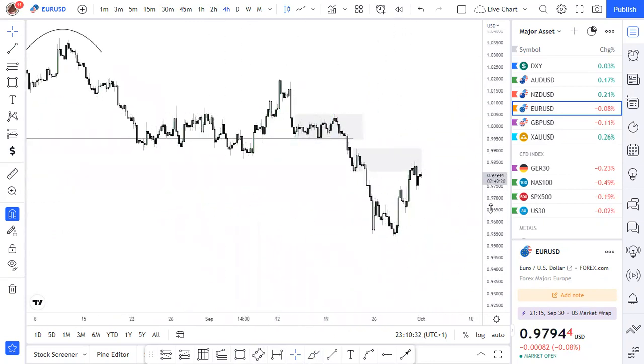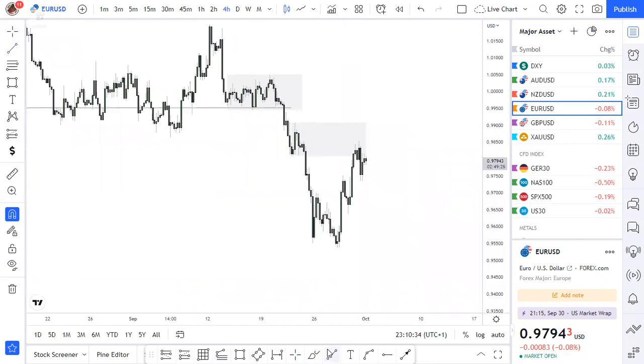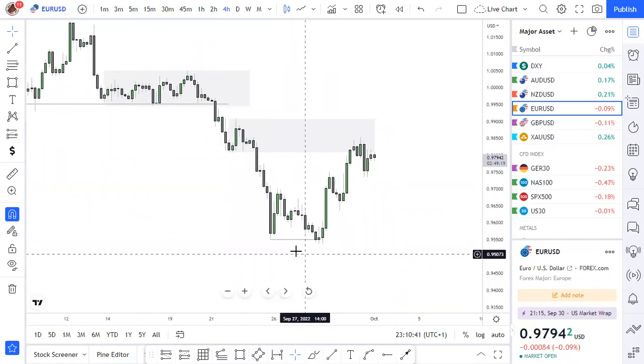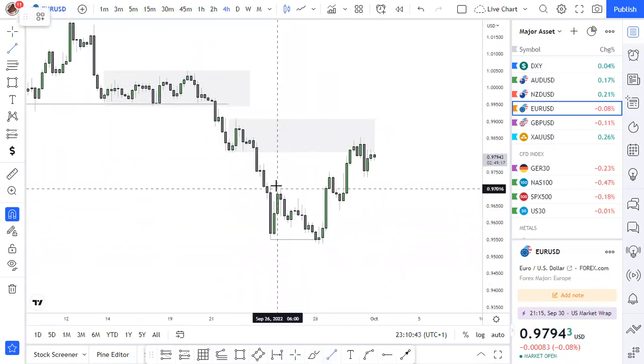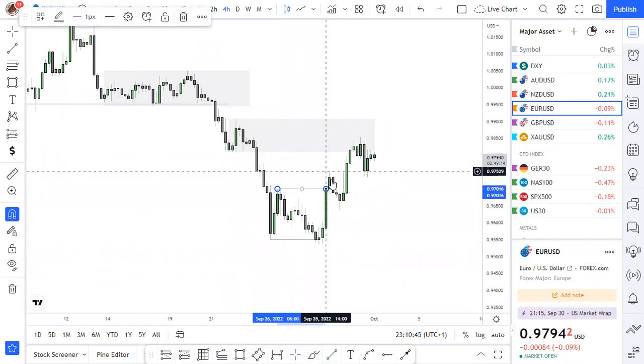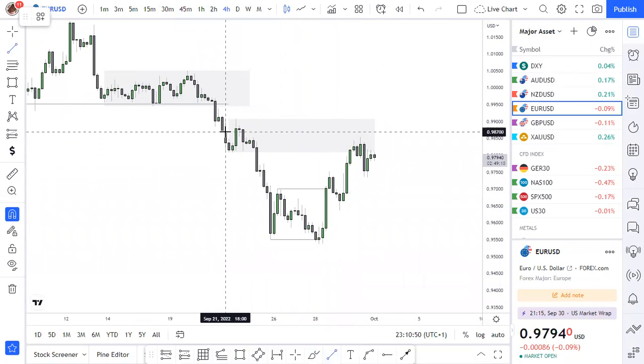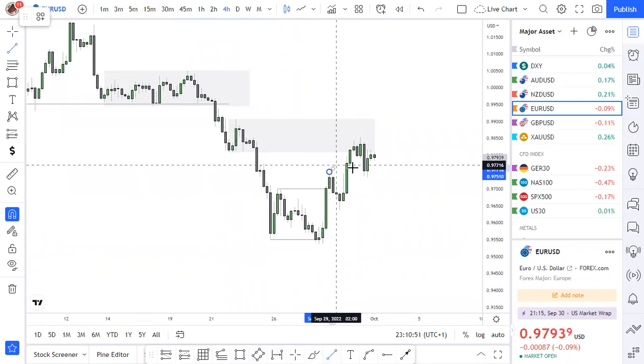So here on the 4 hour time frame, exactly as it was on the dollar index, but it's more like the opposite of that. So we have break of construction here. Price pulls back, respects the range, and we've now pushed up into this daily supply zone.